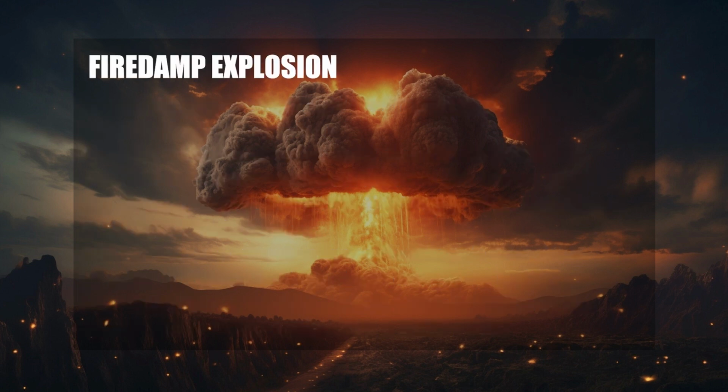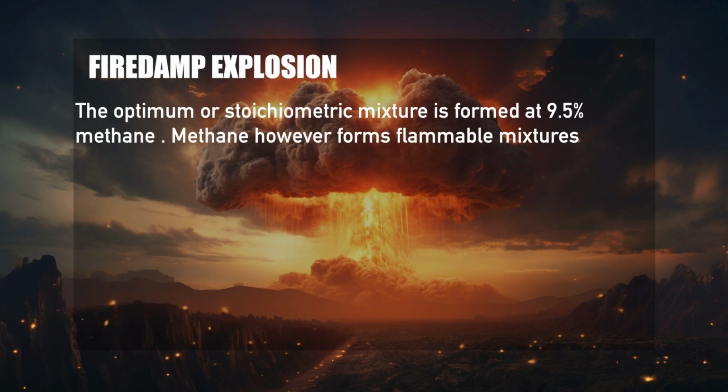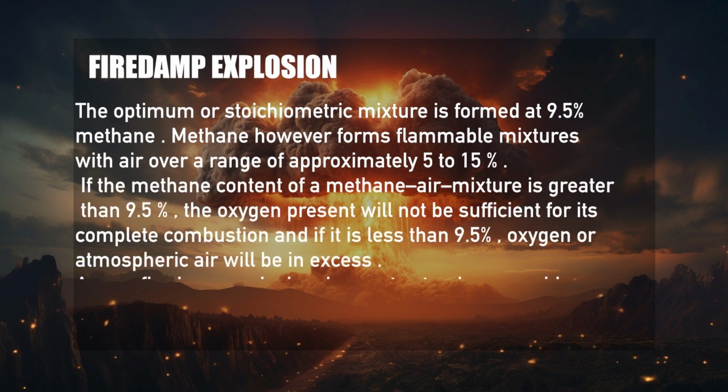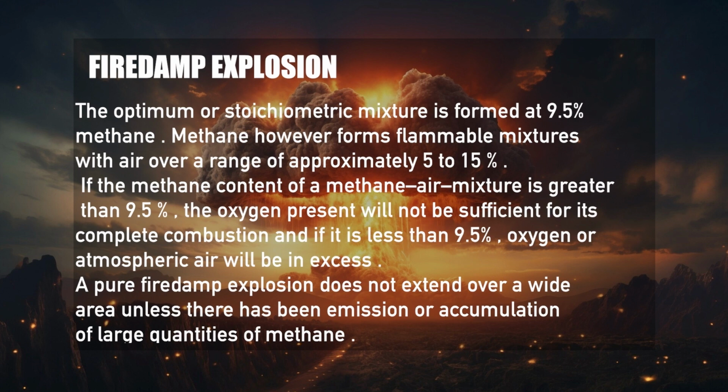The optimum or stoichiometric mixture is formed at 9 to 9.5% methane. Methane, however, forms a flammable mixture with air over a range of approximately 5 to 15%. This is called its explosive range, or limit of explosibility.